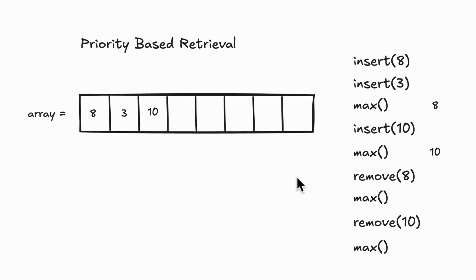So the time complexity of getting the max element in an array is O(n). Whereas the same thing can be achieved in O(1) time complexity with the help of the heap data structure. And this is the reason why we are designing the heap.